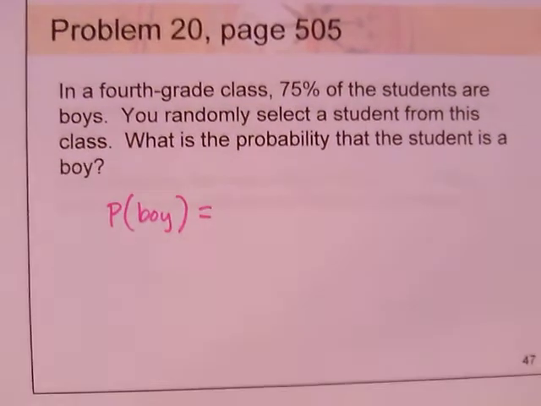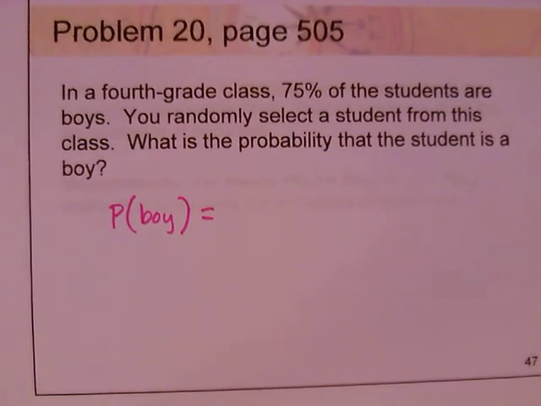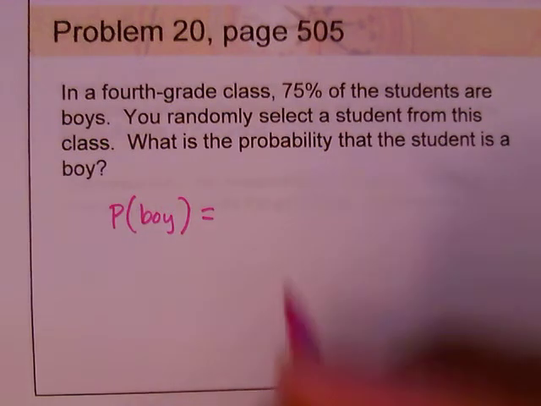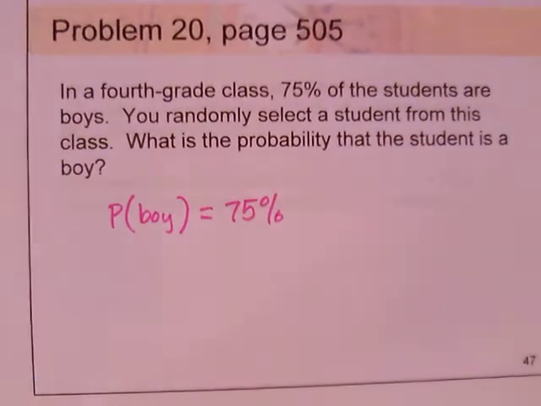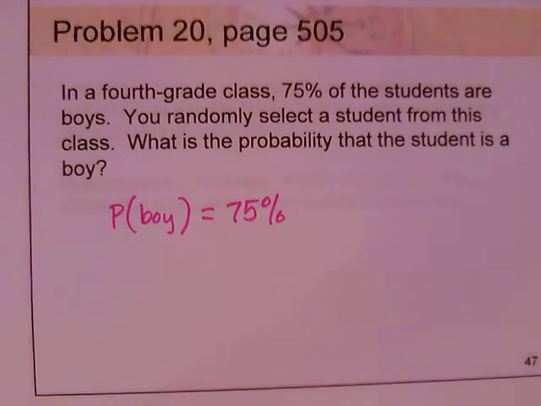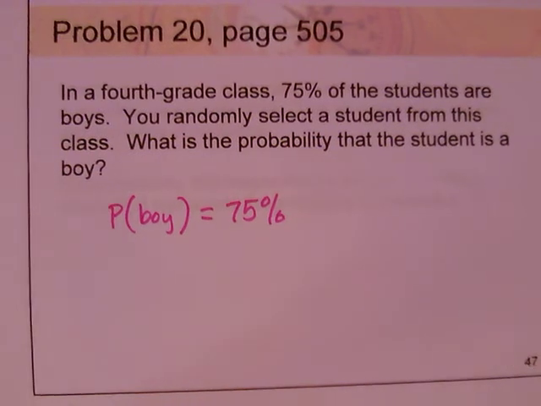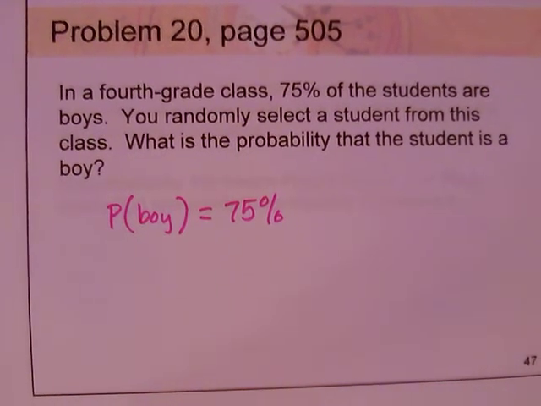And we're told that 75% of the students are boys, so the probability of selecting a boy is obviously 75%. Okay. All right, next we'll talk about equally likely outcomes.